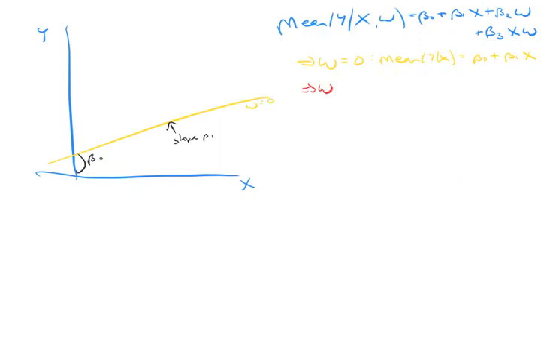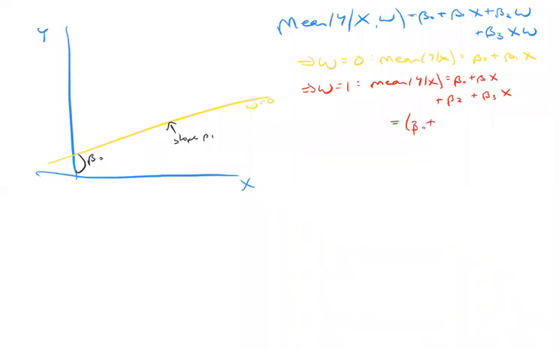And then when w is equal to 1, I've got the mean of y given x, and it's equal to beta 0 plus beta 1x plus beta 2 times 1 plus beta 3 times x times 1. And again, we've done this before, but I want you to see it here too.